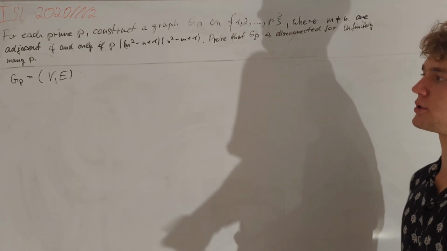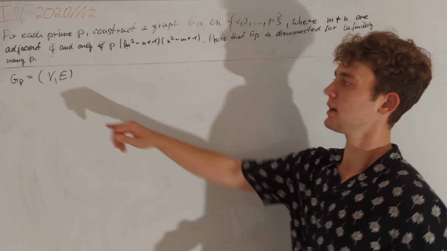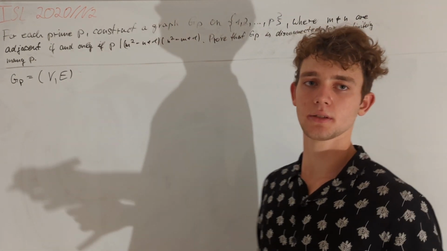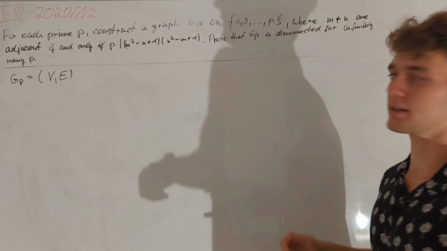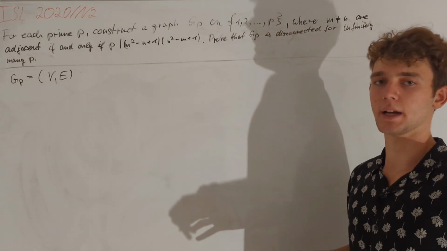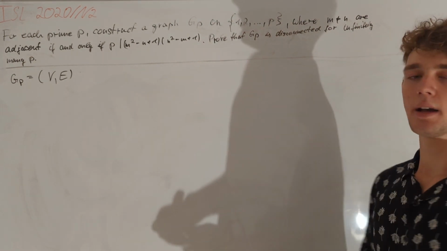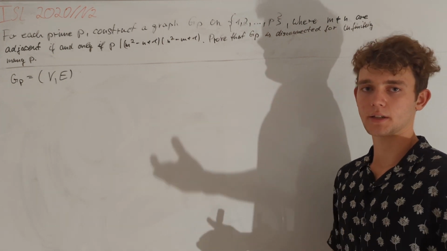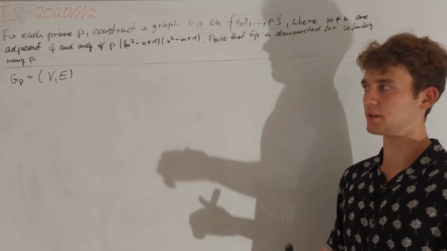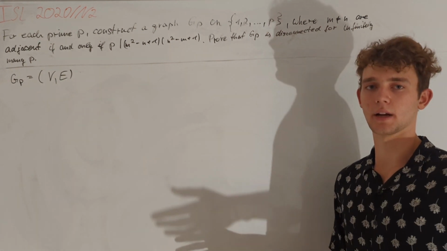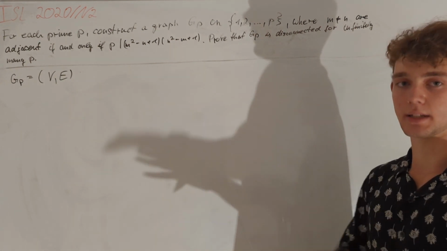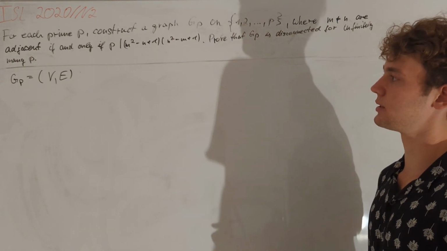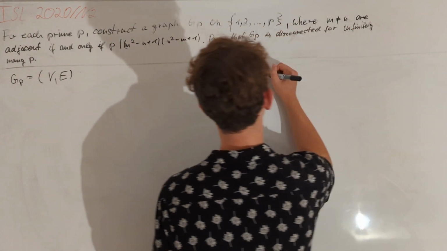Therefore, if we could show that G_p has less than or equal to p minus 2 edges for infinitely many primes p, then we would be done immediately, because the number of edges would not be sufficient to be connected, because a minimal connected graph must have exactly p minus 1 edges. So I'm going to write that down.